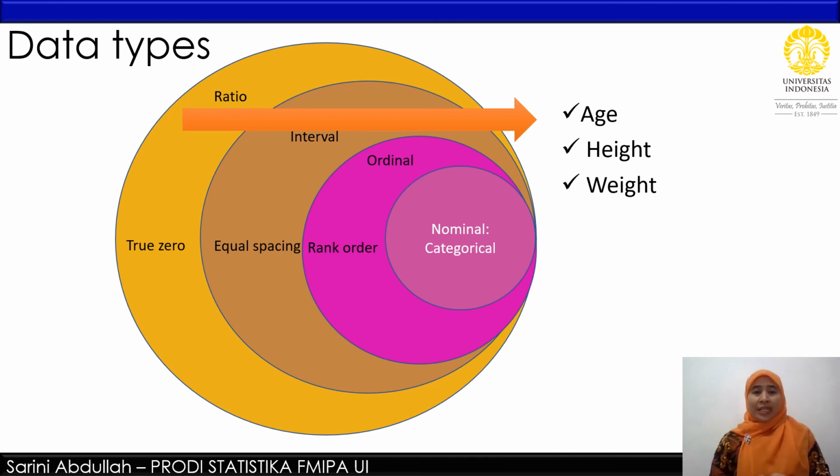For example, if a person is 100 centimeters tall and another person is 150 centimeters tall, we can say that the second person is 1.5 times taller than the first person. So those numbers really represent the mathematical operation. That's why we say that those numbers represent the ratio scale.